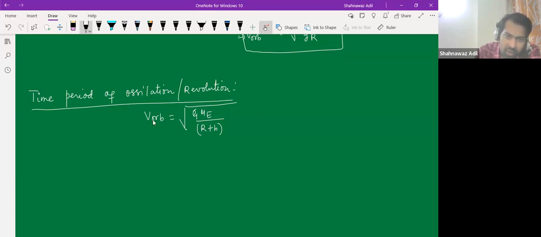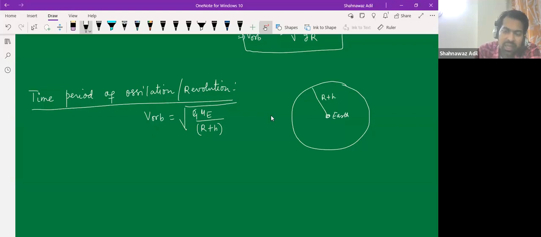So this is the orbital speed with which the satellite is rotating. This is Earth, and this is r plus h, and this is the speed with which it is rotating, v orbital.